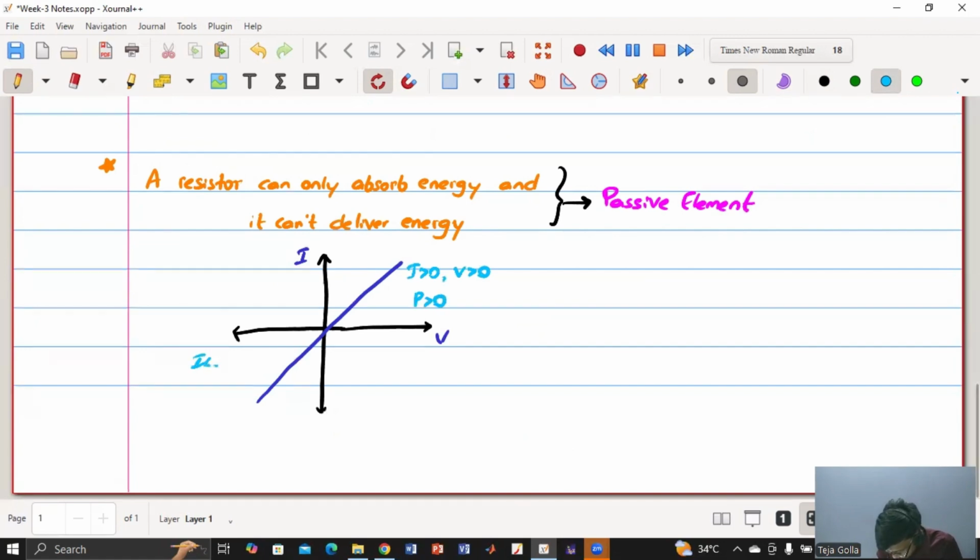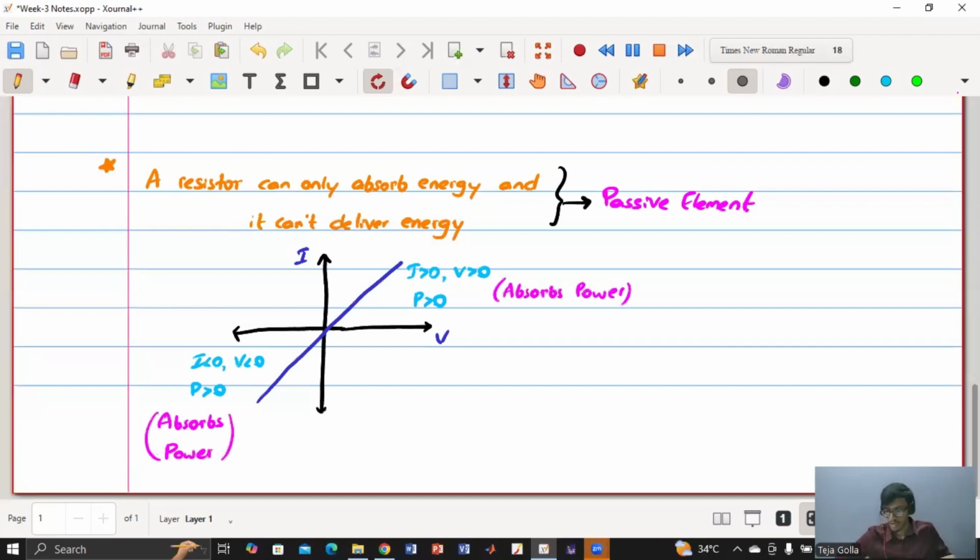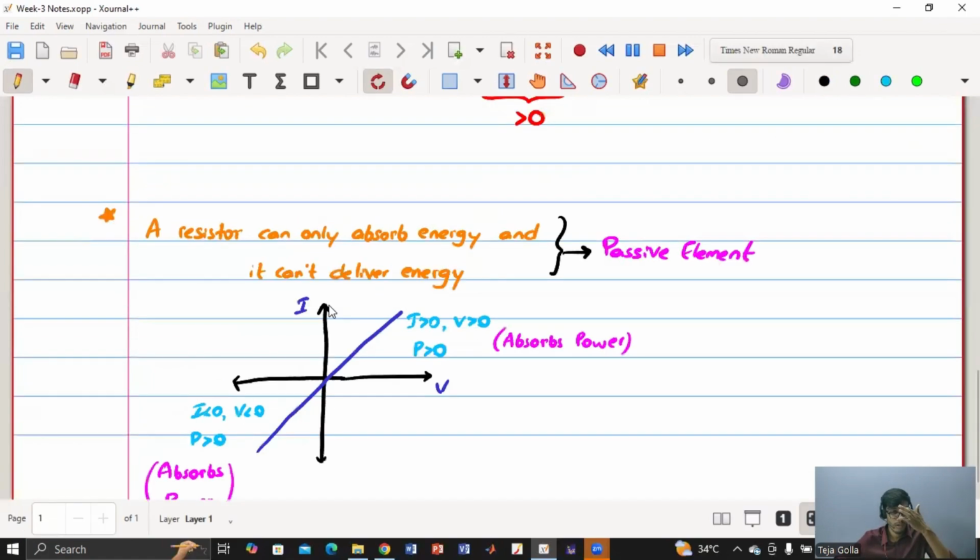Here I is less than 0 and V is less than 0, and P is still greater than 0, because if both are negative, the product is positive. So here also it absorbs power, because power is greater than 0, and that's why it always absorbs power and cannot deliver power. Is it clear until this point about resistor?